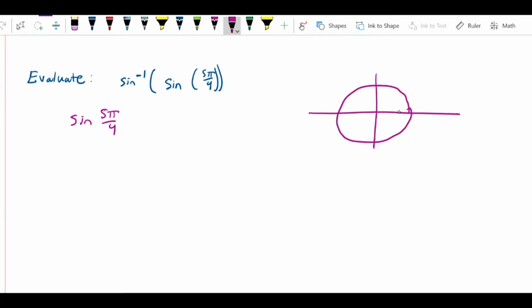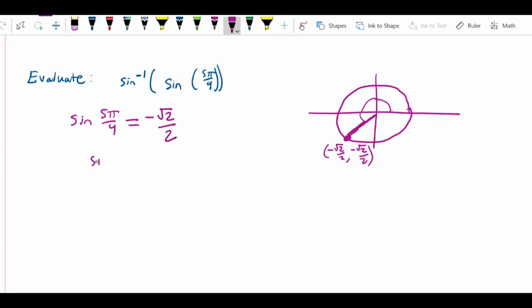That's pi over 2, pi, 5 pi over 4 takes us there. So this is going to be the point negative root 2 over 2, comma, negative root 2 over 2. So the sine of 5 pi over 4 is negative root 2 over 2.